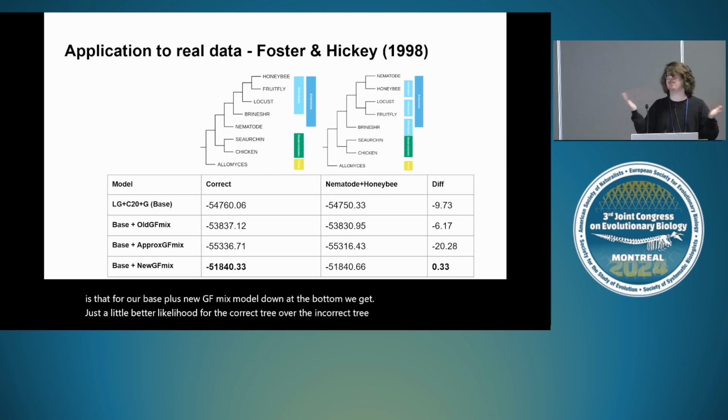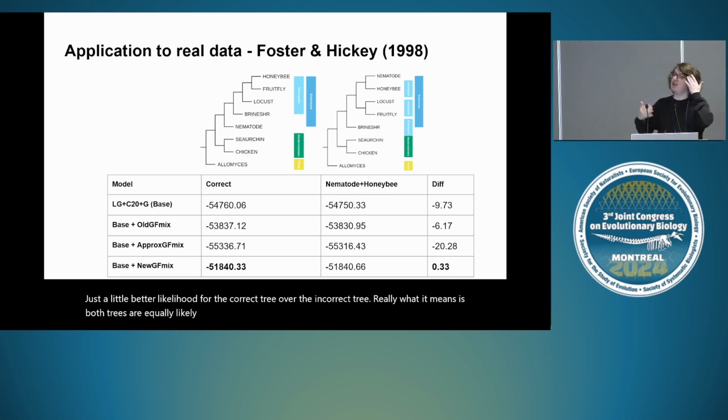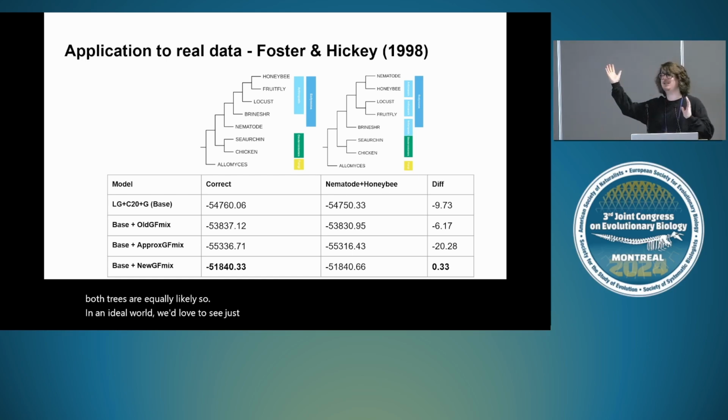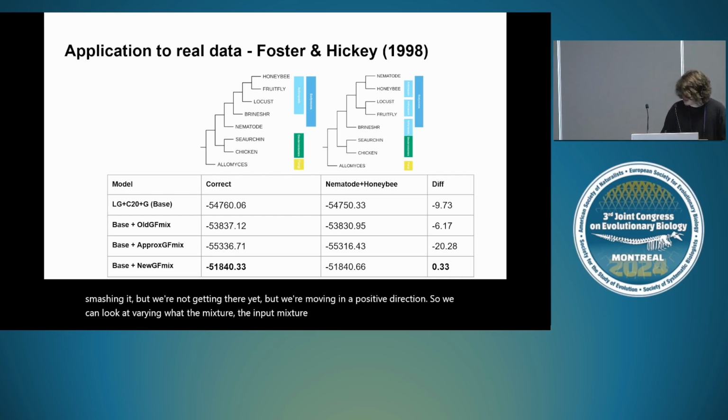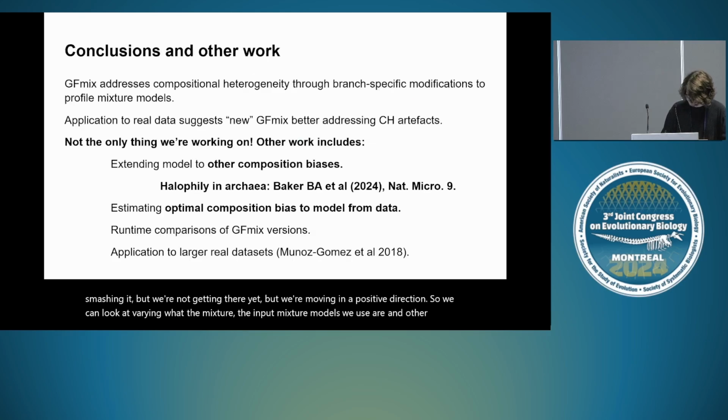Really what it means is both trees are equally likely. In an ideal world, we'd love to get a 100 likelihood unit difference. We're just smashing it, but we're not getting there yet, but we're moving in a positive direction. So we can look at varying what input mixture models we use and other things.